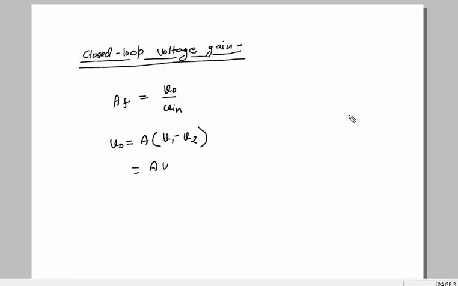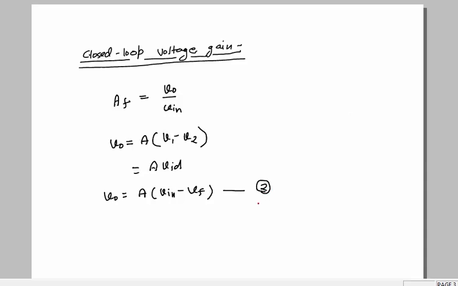So A VID. By equation number 1, VID is V in minus VF. So V naught equals A multiplied by (V in minus VF). Let's call it equation number 2.